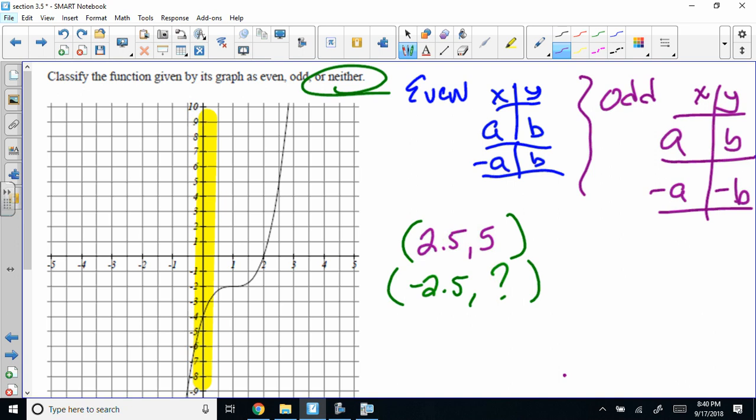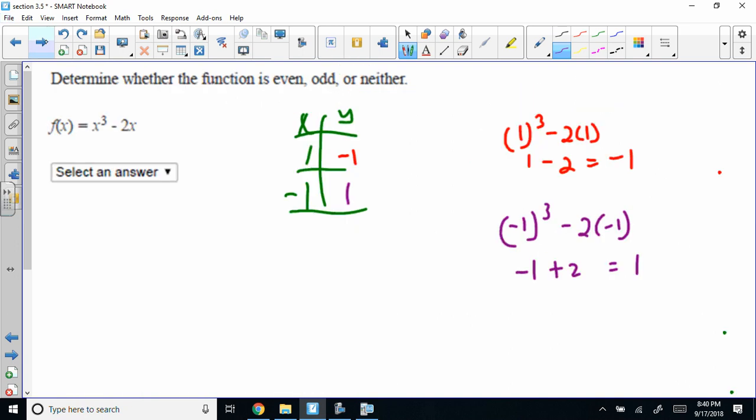It doesn't matter if the negative's up top or the negative is down in the bottom for an output. Is that better? Yay or nay? So look at it like this. For an odd, you're looking for the same outputs, but different signs. Thank you.